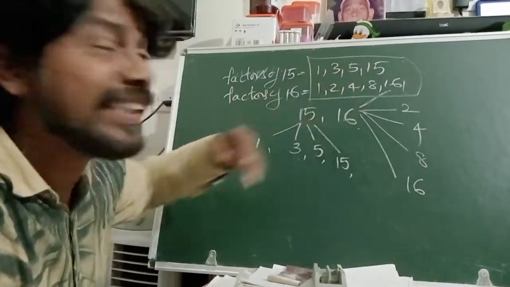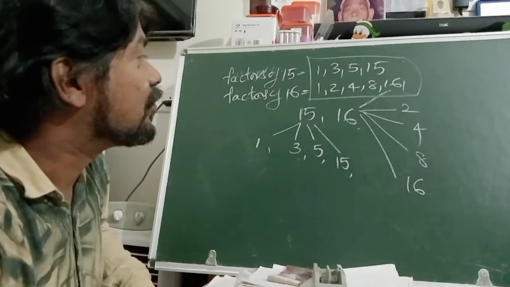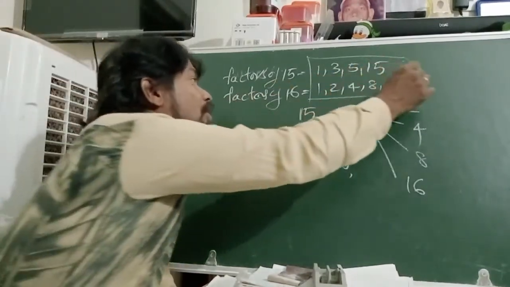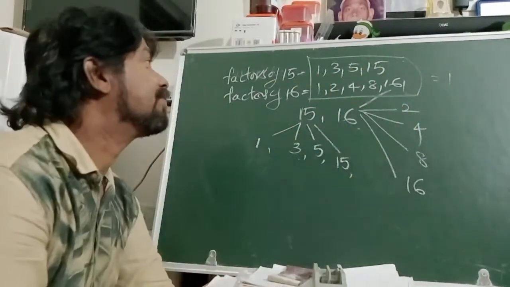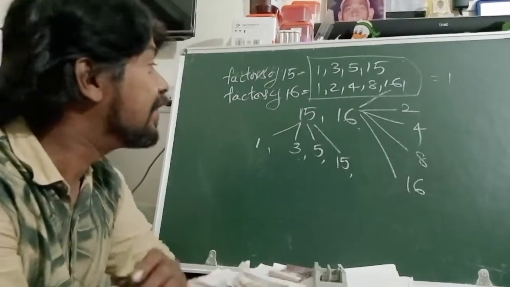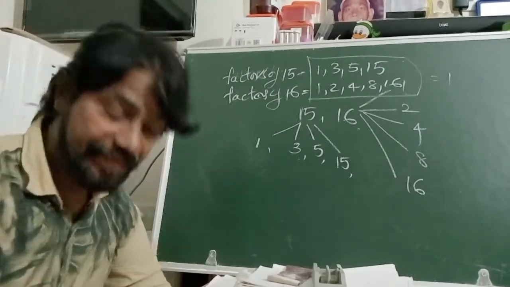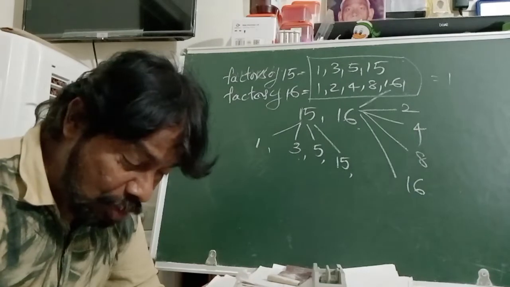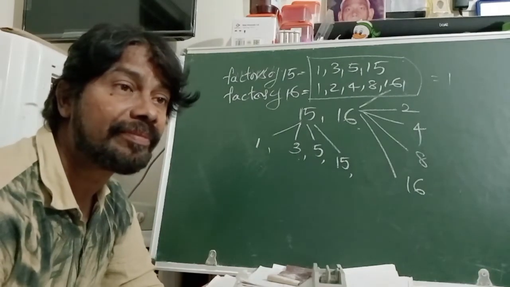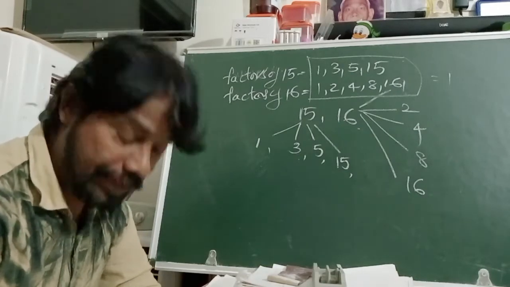You have to find the intersection of the factors of 15 and 16, the common numbers. Only 1 is the common number for the factors of 15 and 16. So that's why 15 and 16 are co-primes, relative prime numbers. Understand? Relative prime numbers are co-primes.